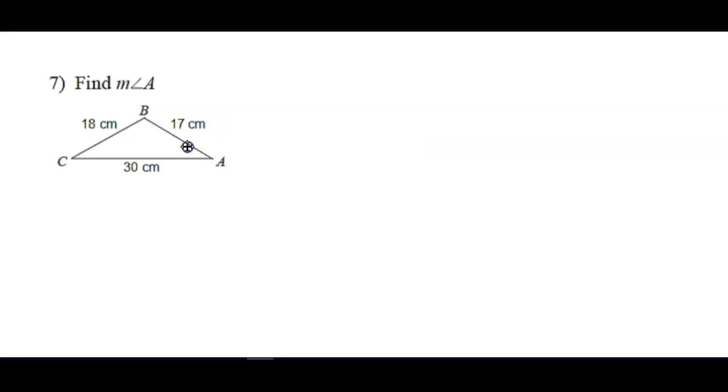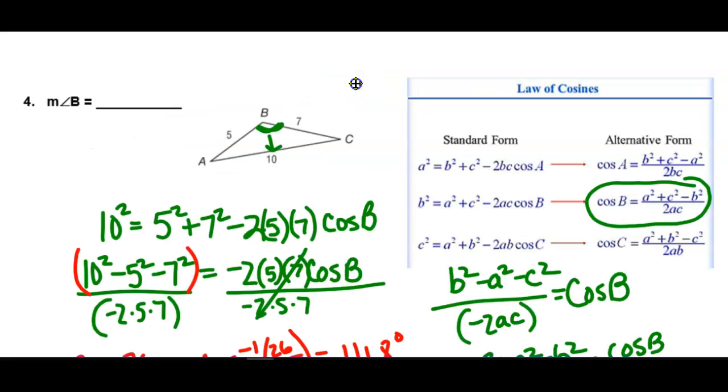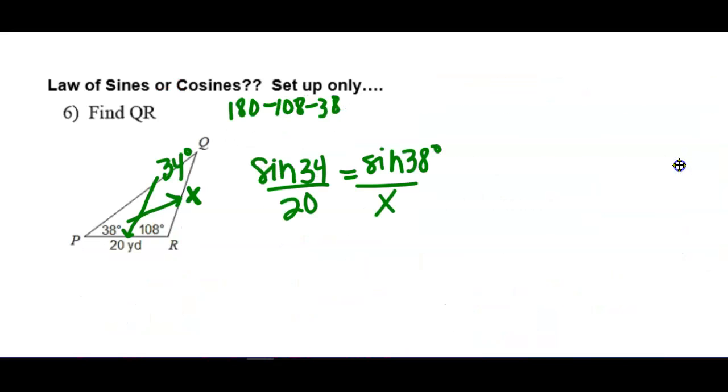Number 7 says find angle A. Well, if we don't know any angles, we cannot use law of sines. You could go to the notes up above, and it said the cosine of angle A equals, and you could use this formula, b squared plus c squared minus a squared over 2bc.